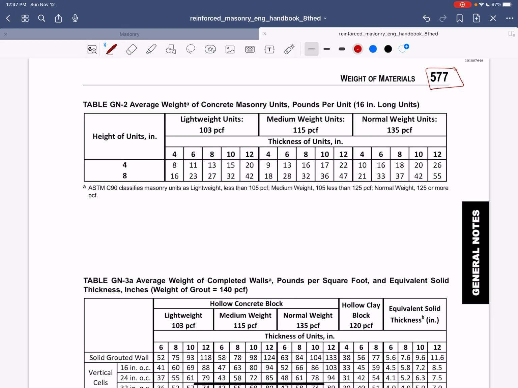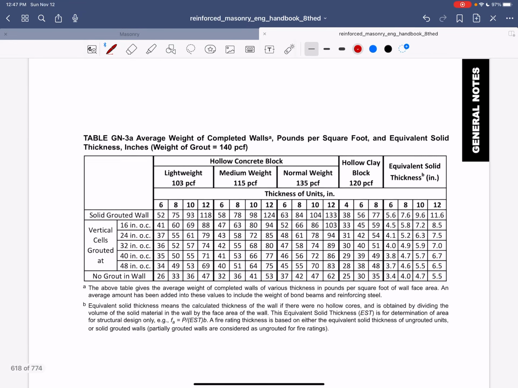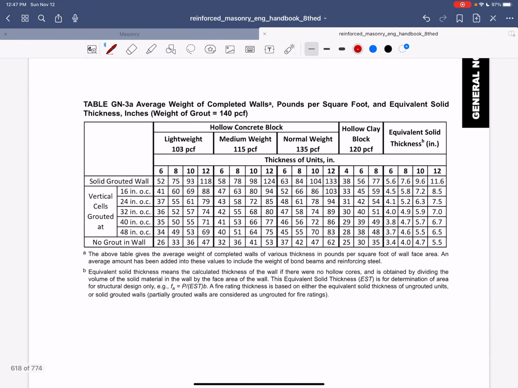However you want to scroll through your PDFs, and you can always buy the hard copy of this. It might make it easier somewhat on you if you're going to be doing a lot of this design. But for class, it's fine to use the free copy. So here's my GN table 3A. Average weight of walls, pounds per square foot, equivalent thickness. Weight of grout is assumed to be 140 pounds per cubic foot. Okay, so I've got a hollow concrete block.